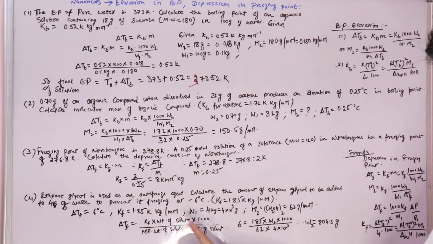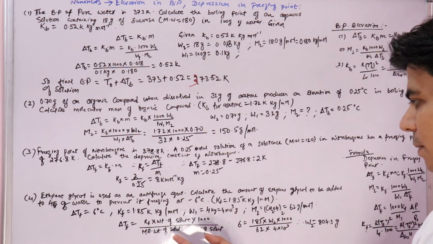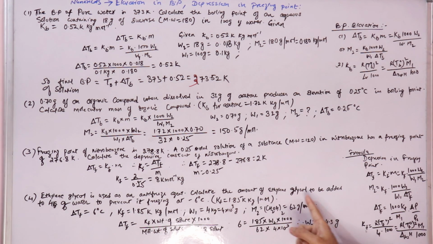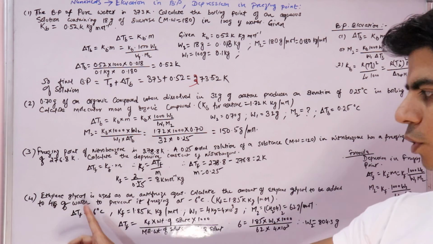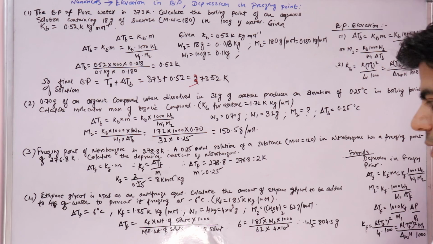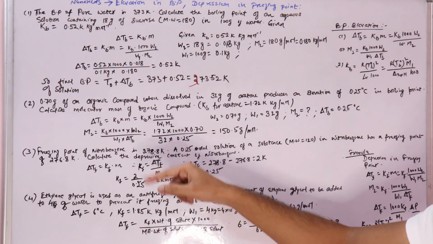So delta Tf is 6, and the weight of solute is W2, which we have to calculate. And W1 is given as 4 gram. 4 gram of water means 4 gram of solvent, which is W1 in this formula.